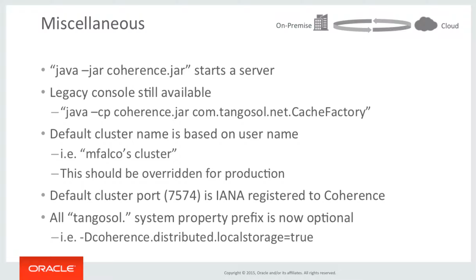Any coherence system property can start with tangosol, but that's optional, and we retain that support for existing configurations which make use of it. But all coherence system properties can just start with coherence dot. So the well-known tangosol.coherence.distributed.localstorage is now just coherence.distributed.localstorage.